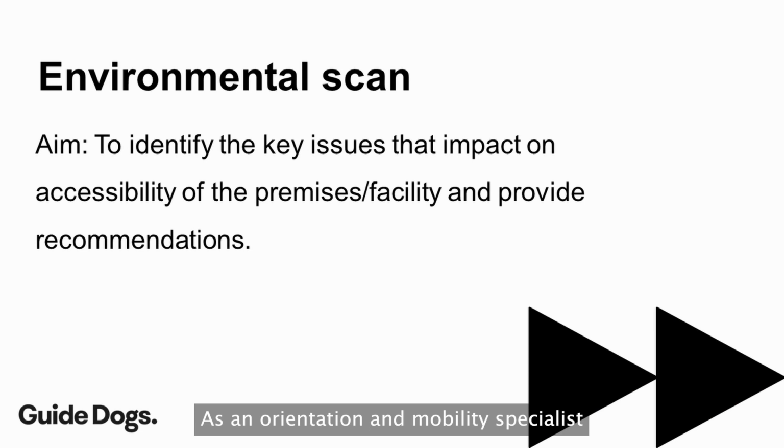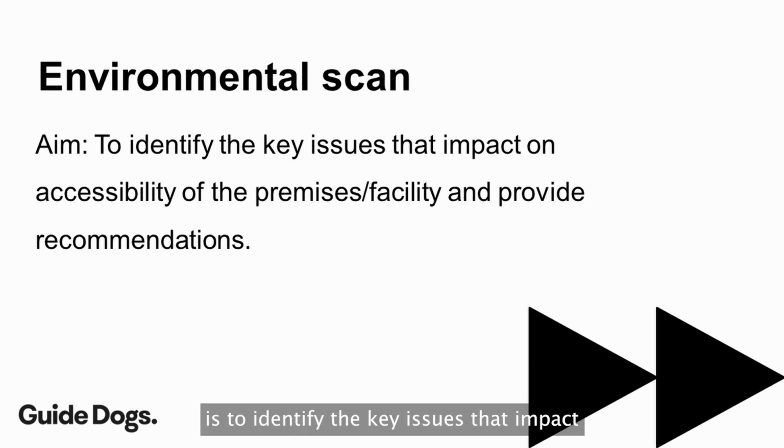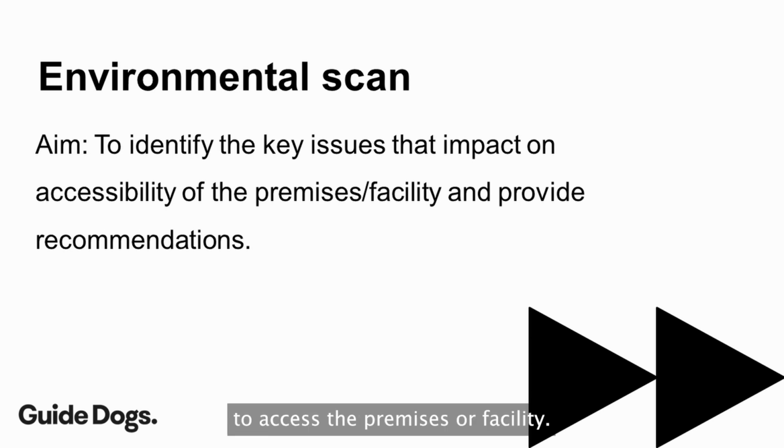As an orientation and mobility specialist at Guide Dogs Queensland, one of our roles is to complete an environmental scan of the school environment. The objective of the scan is to identify the key issues that impact an individual with low vision or blindness and their ability to access the premises or facility. It is also to provide recommendations related to the removal of any barriers identified during the scan.